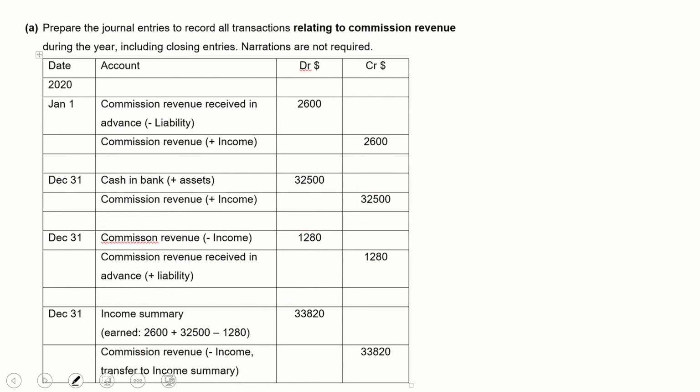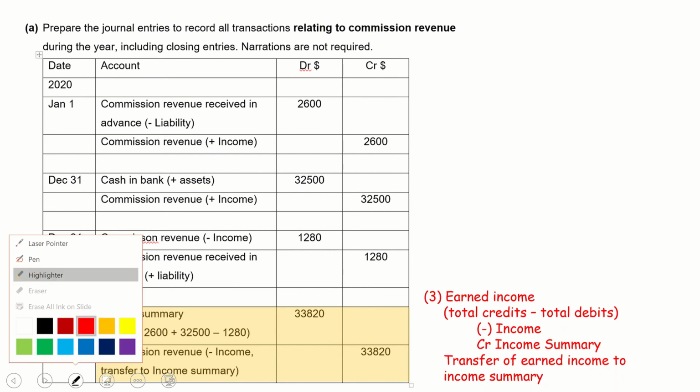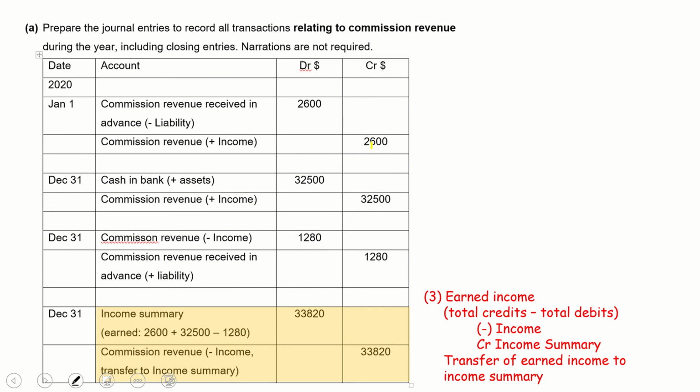Lastly, what we need to do is record or transfer all the earned income to your income summary. And the way to do that is to take your total credits, all your total credits. So all these total credits here, your commission revenue total credits, which is this.